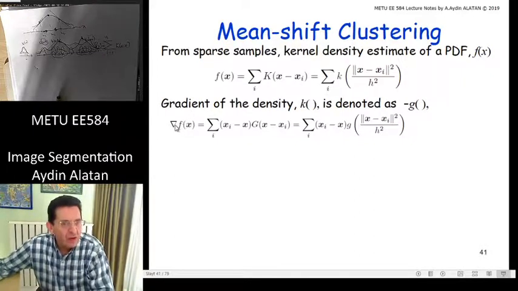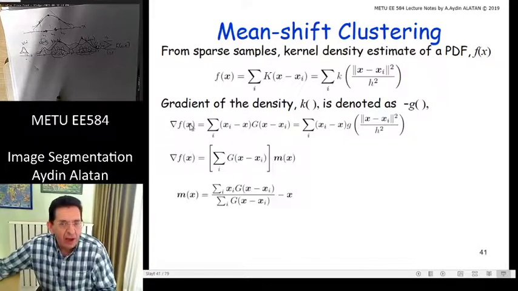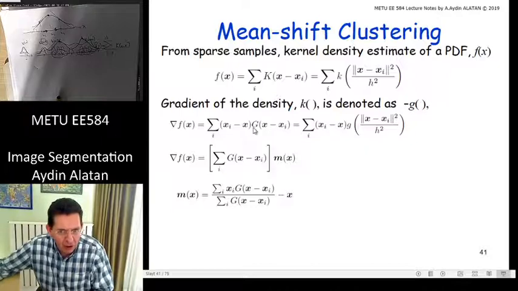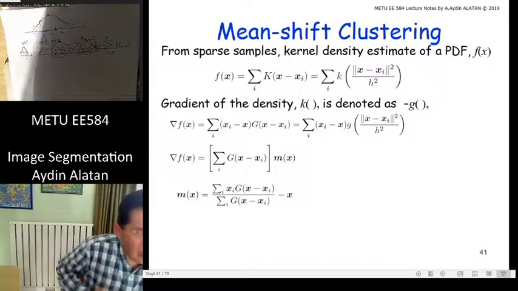f function with respect to this x. X is a vector. I don't know the dimension of it. Now, if you just write this term, I can define this m function. Please look at this m. I'm going to write it here.